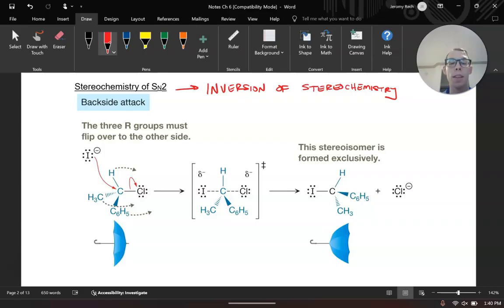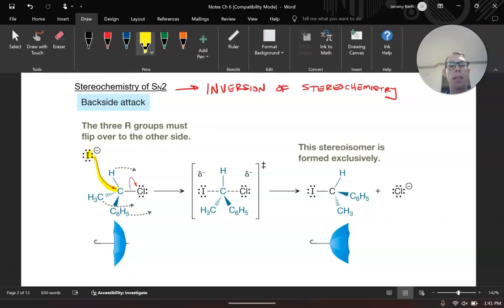Now with this, there is an inversion of your stereochemistry. When your nucleophile comes in from the backside, you would now have all of your different groups on the same side, and you wouldn't have that tetrahedral geometry.